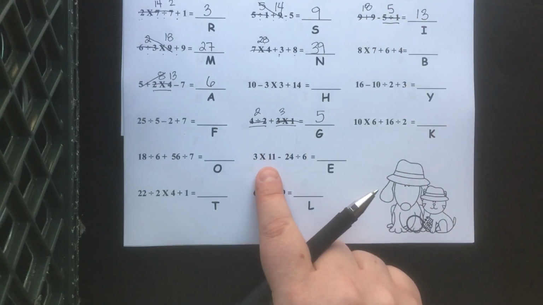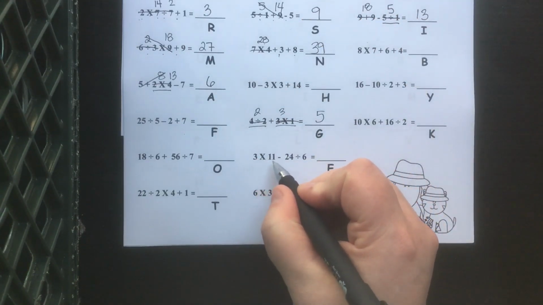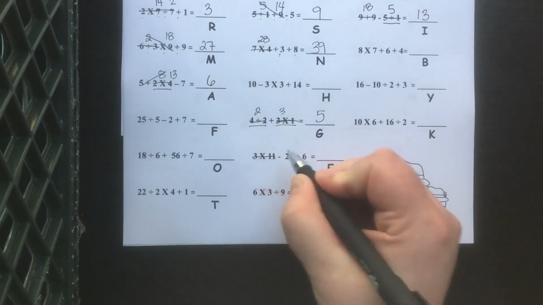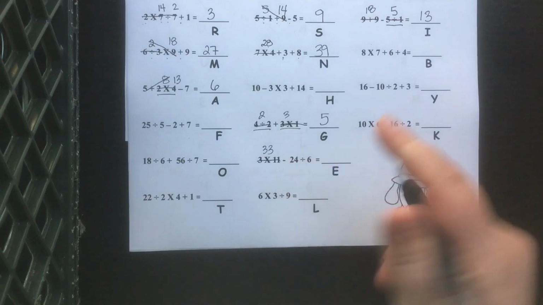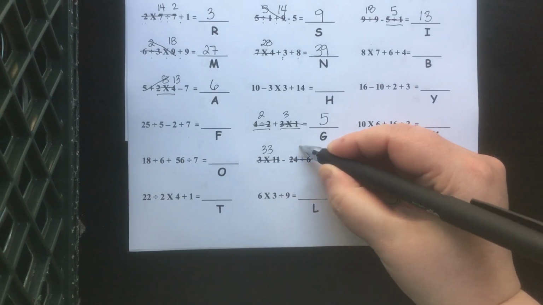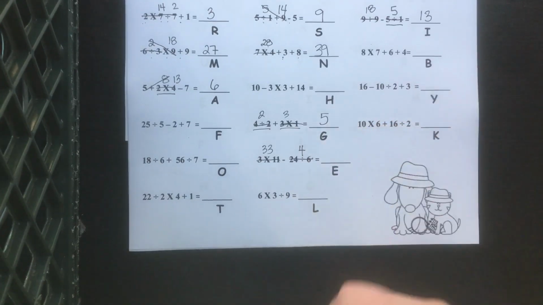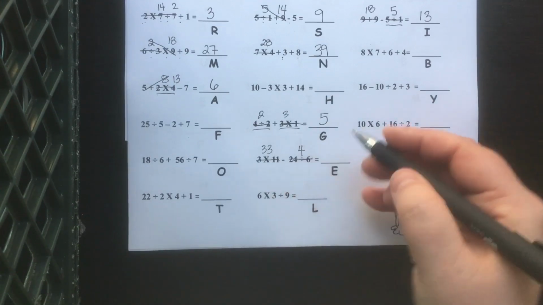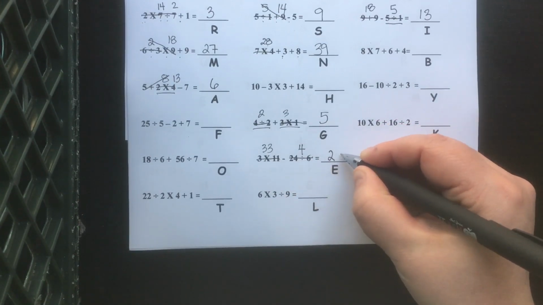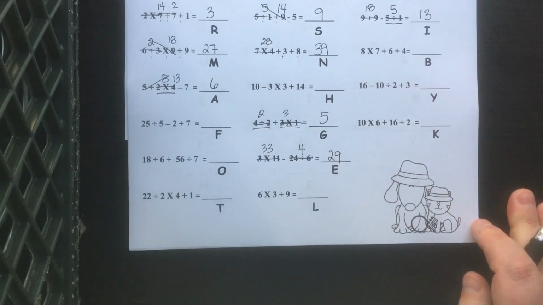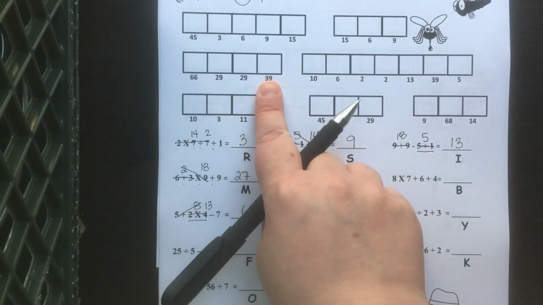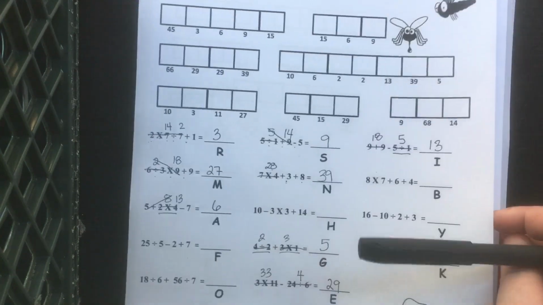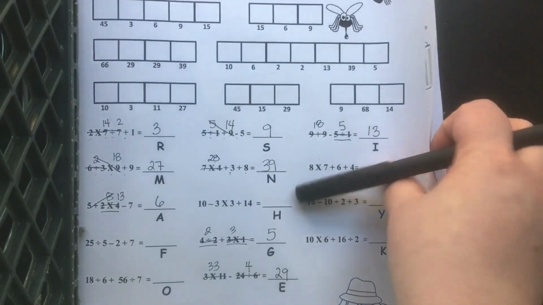Okay, let's do the multiplication. 3 times 11 is 33. 24 divided by 6 is 4. 33 minus 4 is 29. All right, you have about 8 more practice on that one. And then you're going to write your clue. Go cross off names.